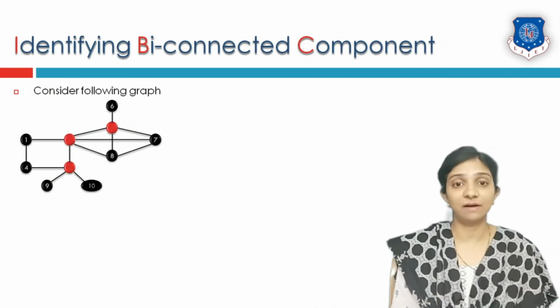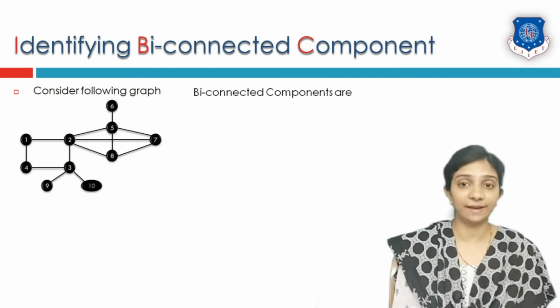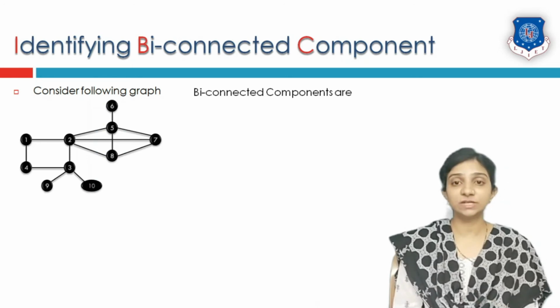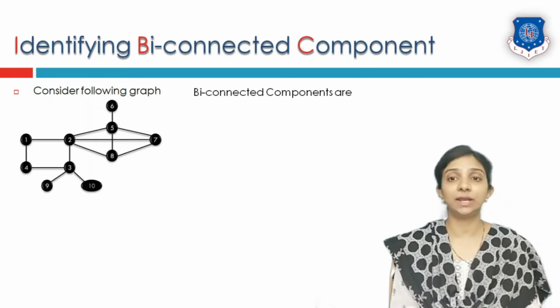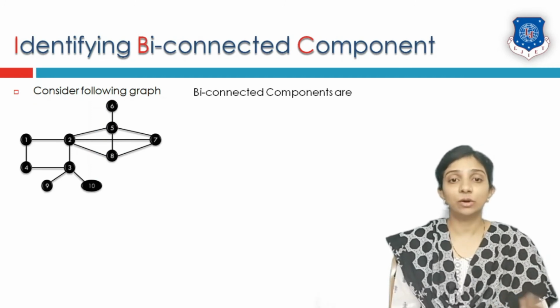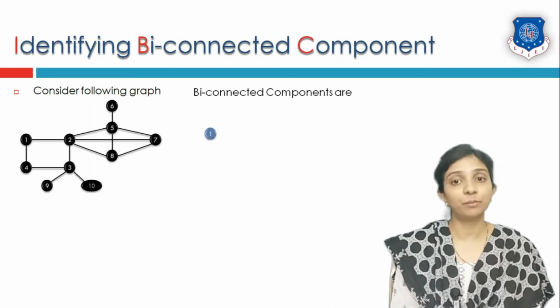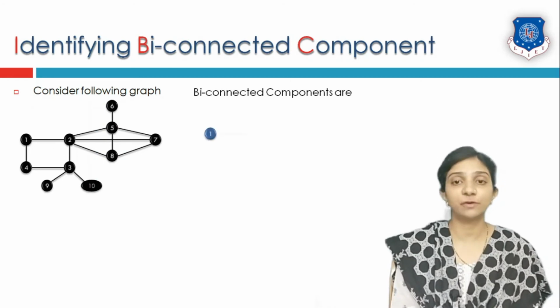In this graph, there are three articulation points, that is 2, 3 and 5, using which we have to generate biconnected components. That means those subgraphs which don't include our articulation points. So let us start from vertex 1.